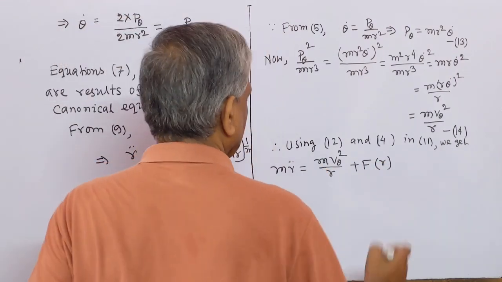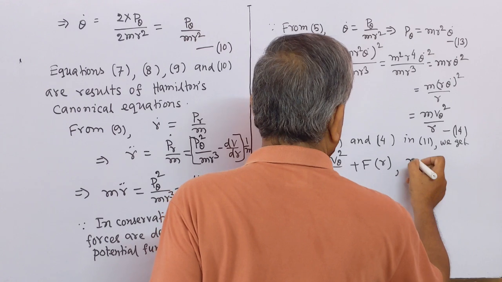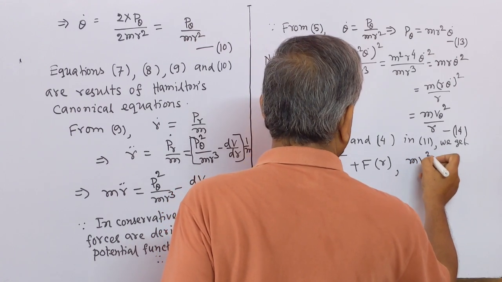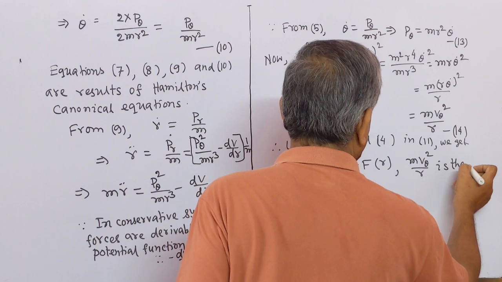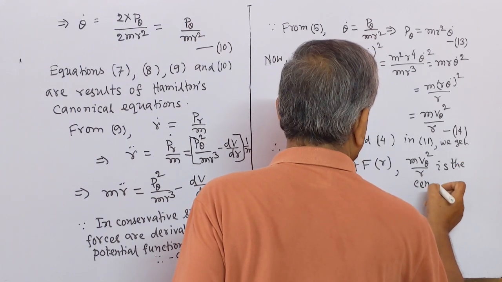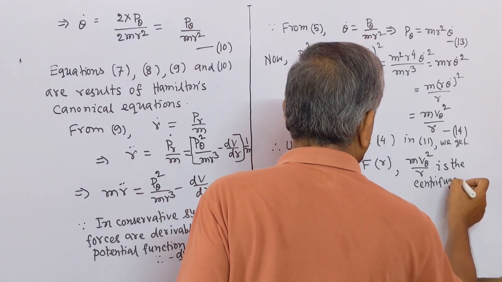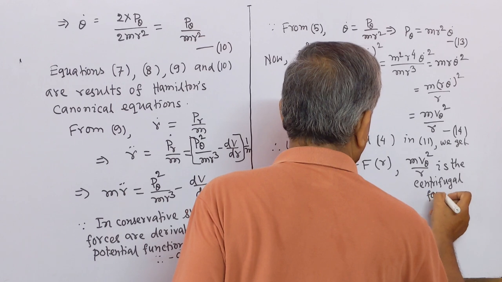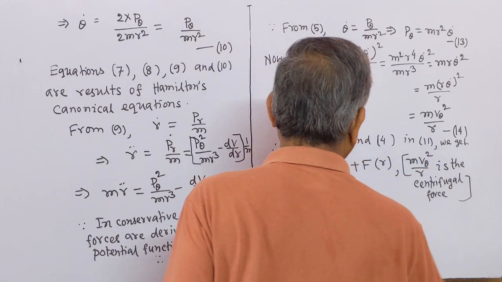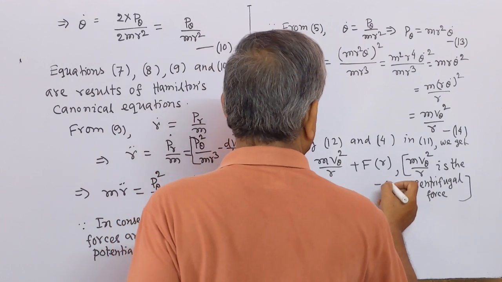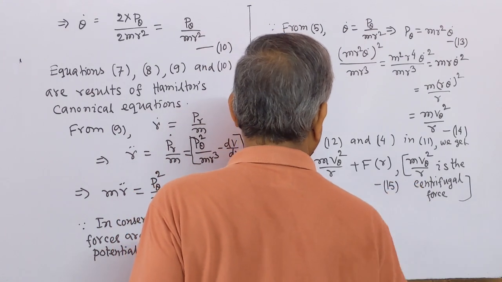This m V theta square by r is the centrifugal force. Let this be number 15.